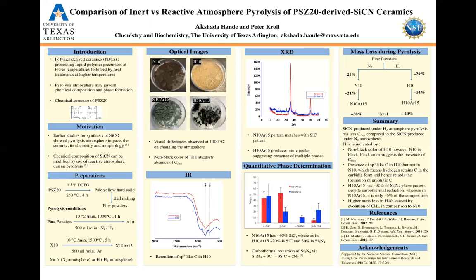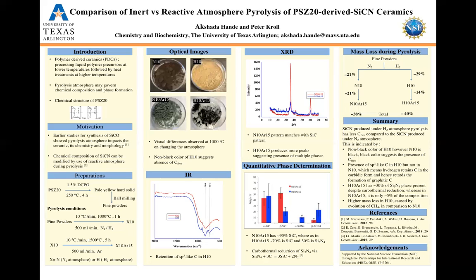The data for N10 AR15 matches with the literature value for PSC20 pyrolyzed at 1500 degrees Celsius under inert atmosphere. The reason for the single phase is the carbothermal reduction of Si3N4, in which Si3N4 reacts with free carbon to convert itself into SiC.